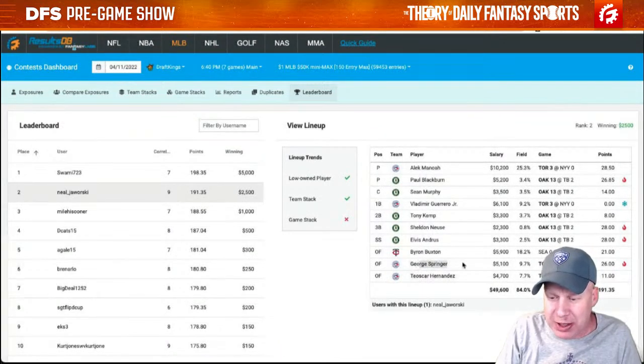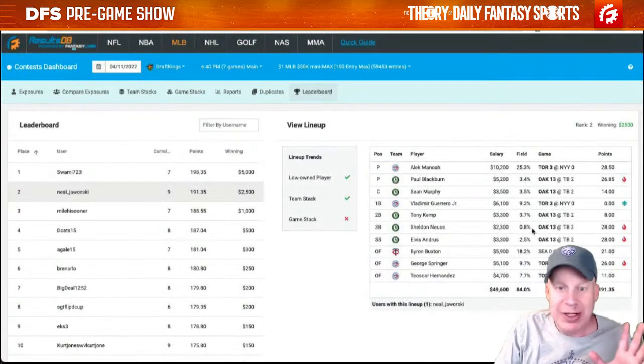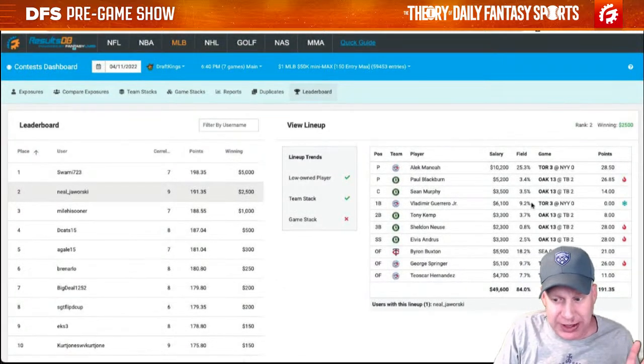Look, George Springer is 9.7%, Teoscar Hernandez, 7.7%, and Vlad Guerrero, 9.2%. At some point, you have to view them individually as well. But between these three players, they're all on the Blue Jays. So 9%, 9%, and 7%.